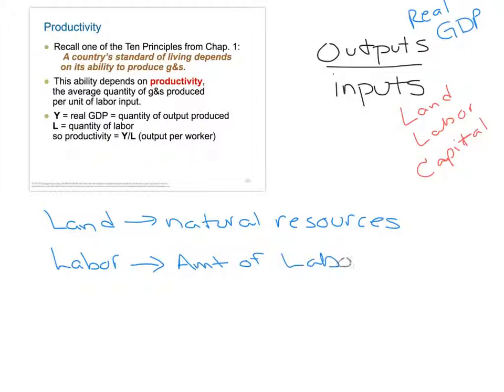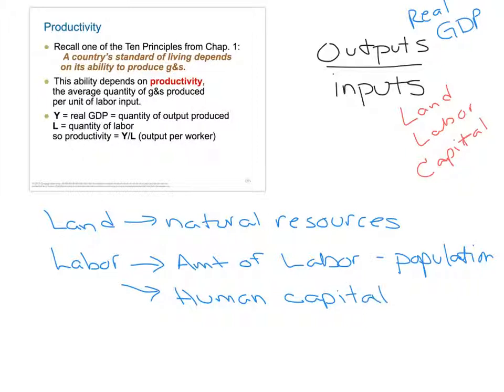Okay, so think about it as the number of people, and that's based upon the population. And then we also can take labor and divide it up in terms of the skills and abilities that the people have. And we like to call this human capital because that's really where we get things like innovation and research and development and those kinds of things.